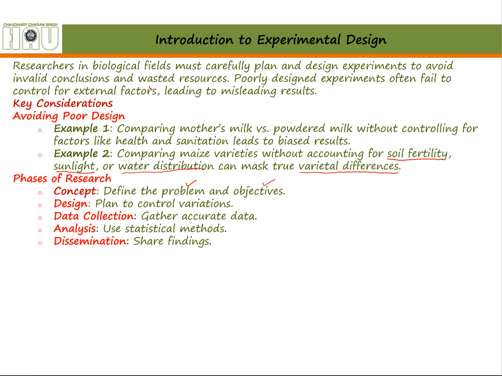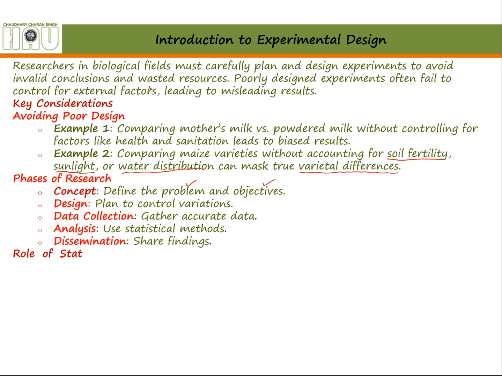You should have a clear concept, a proper design that controls the variation, accurate data collection, a proper statistical method to analyze your data, and then after interpreting the results, you disseminate your findings to the world.